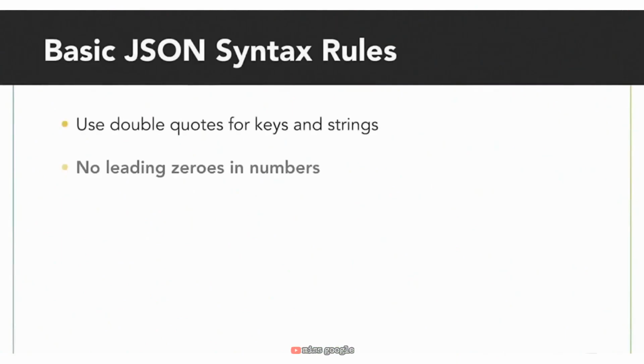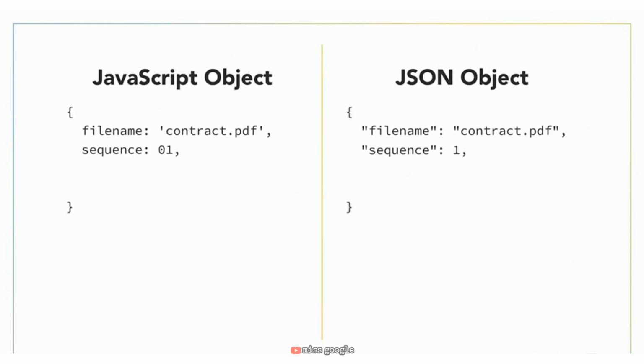Numerical values don't need quotes around them in either JavaScript or JSON, but JSON has an additional rule for numbers. They can't start with 0. If this truly is a numerical value and the 0 doesn't matter, I can simply represent it in JSON as a number with no leading 0. But if the 0 is significant, I might need to represent this as a string instead, enclosing it in quotes and relying on the system receiving this data to work with it in that format.